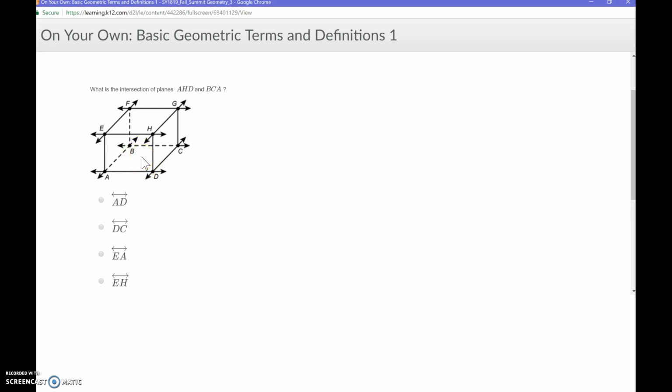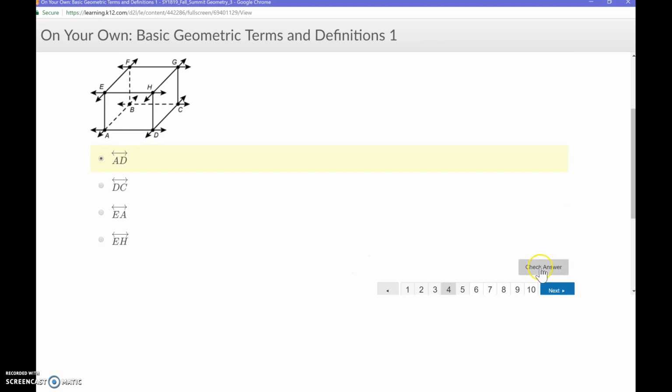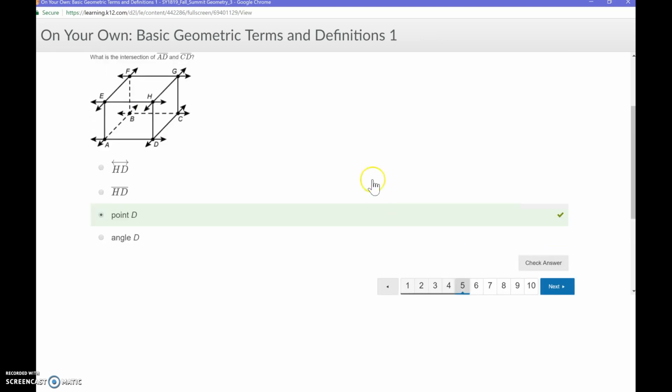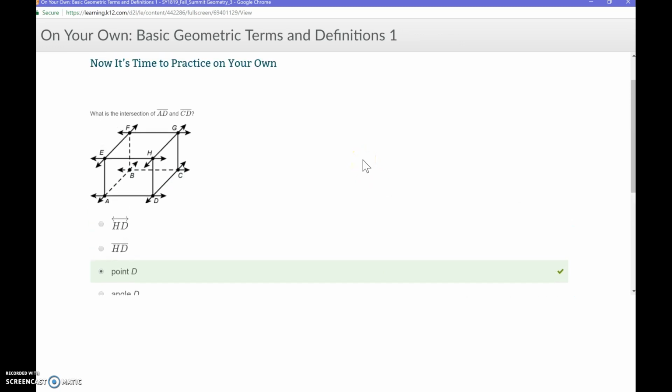So I know they intersect at a line. So it's the front face and the bottom face. So they intersect right here on the front, line AD. We're doing good.